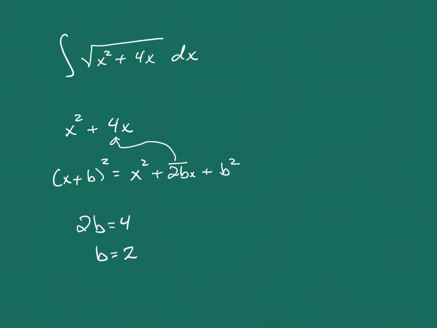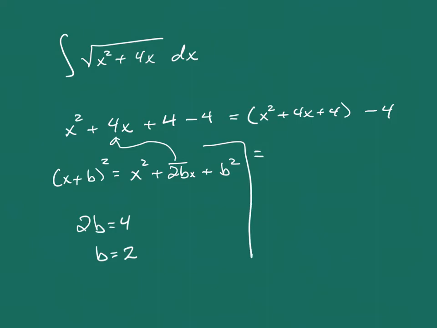And so our new constant, which is b squared, well, we add on that new constant. So we add on a 4, but then to keep things balanced, we also subtract a 4. And so in our first three terms, we have x squared plus 4x plus 4 minus 4.